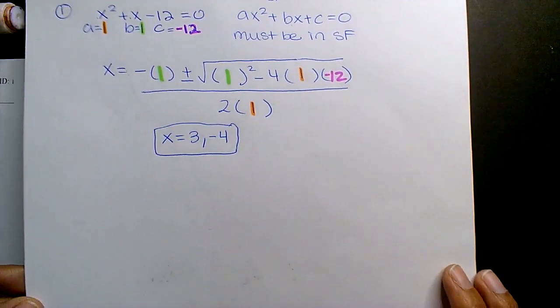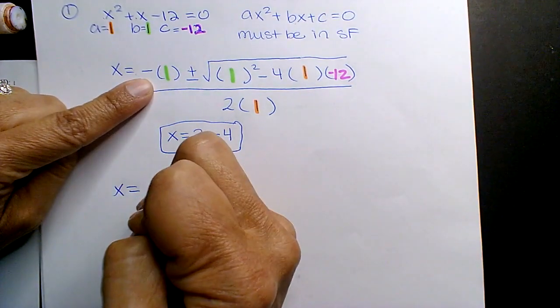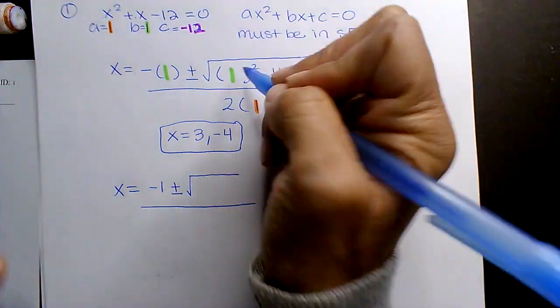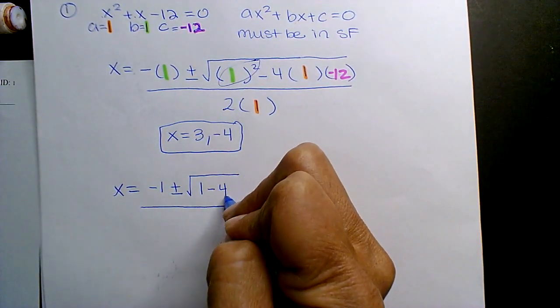Let me quickly solve it by hand because I'm still recording. I'll almost be done and then I'll stop the video. All right, so I get negative 1 plus or minus square root. 1 squared is 1 minus 4.